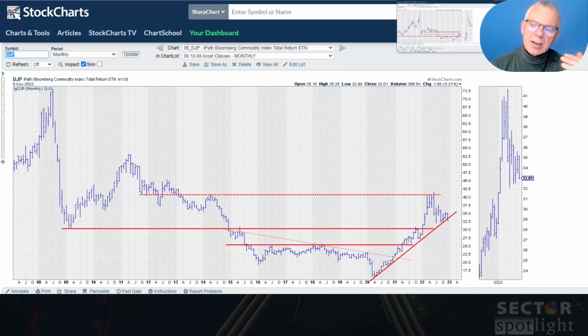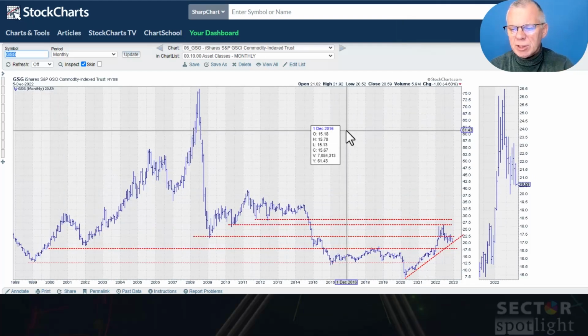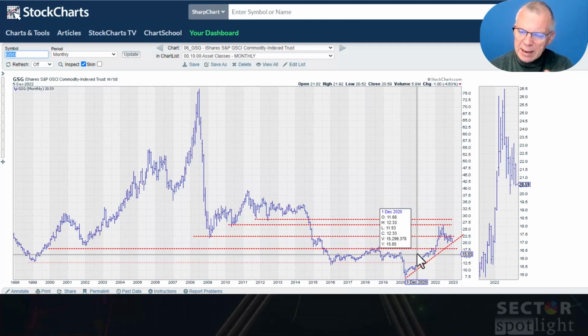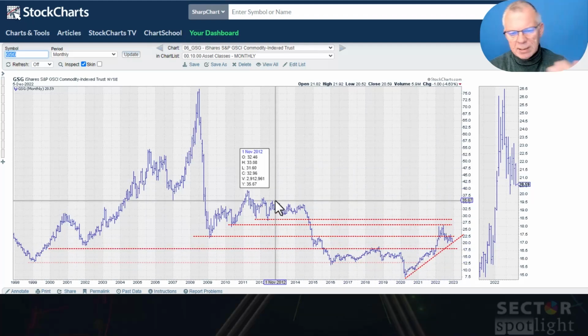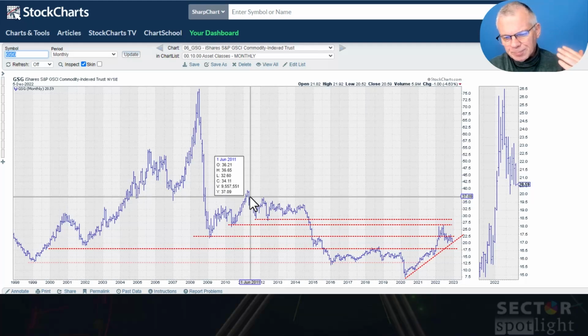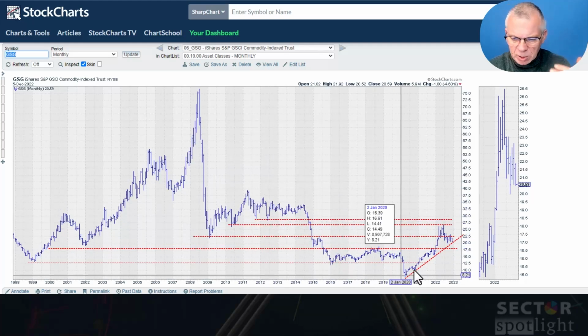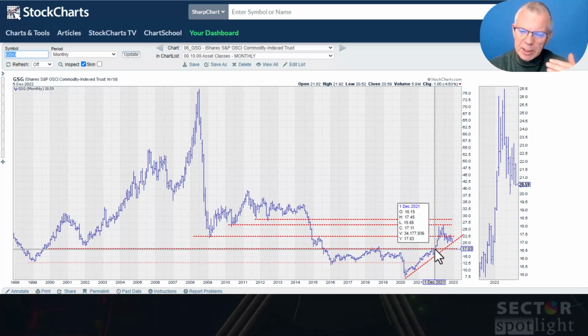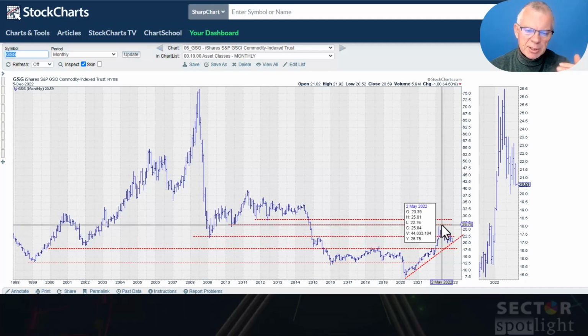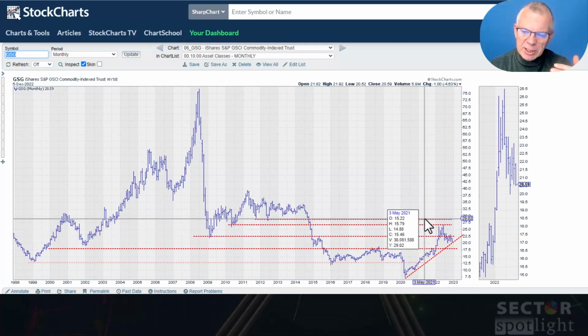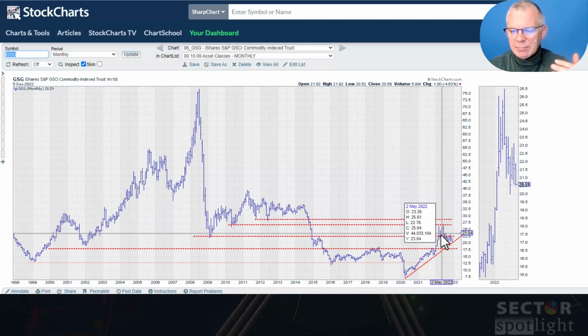And we see a kind of similar image with GSG, not as pronounced, that break at least that we saw in DJP, but you can see the same sort of pattern where we started off very well. Then 2022 obviously started out very strong with a rally moving all the way up to the resistance near 26.75. We never reached that 29 area, and then we dropped down.